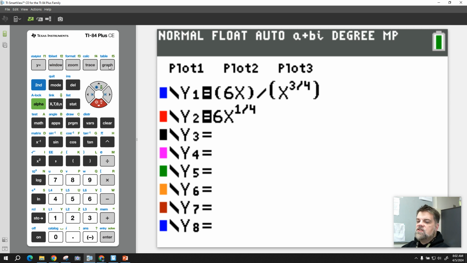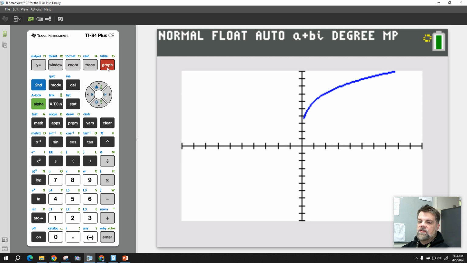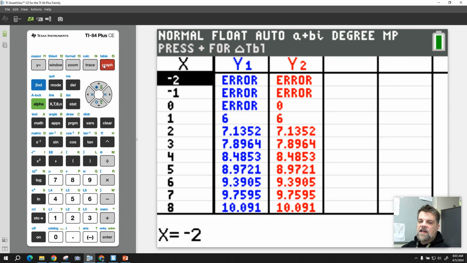But on my screen, you'll see a blue line and then a red line. Actually, they're curves. Okay. And also, remember that we could look at the table of values, right? So if I go to second and then hit the graph button, see this word above the graph button that says table? Now I see the table of values.